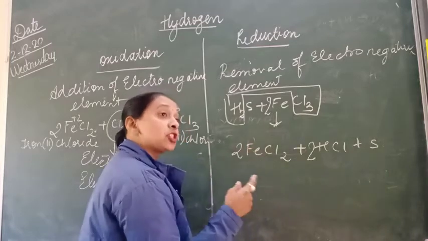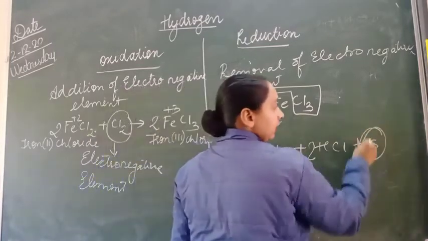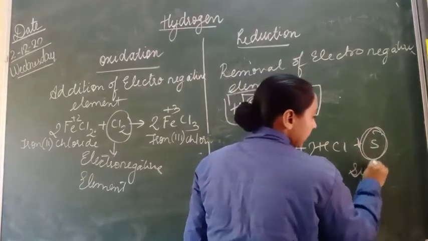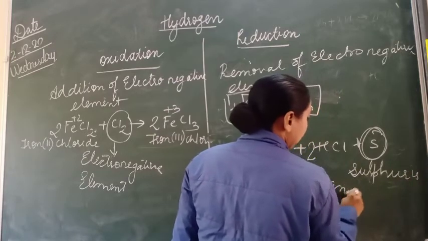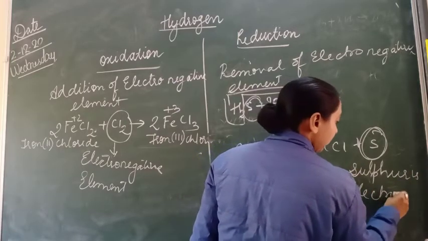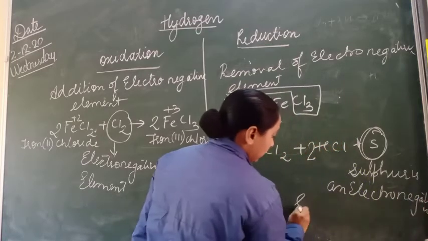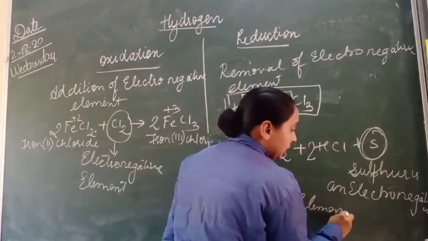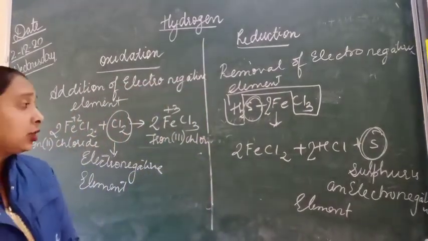Now which element is being removed? See, sulfur. You can see here sulfur is an electronegative element which is being removed. So it is being removed here. Are you getting this equation? See, don't get confused.